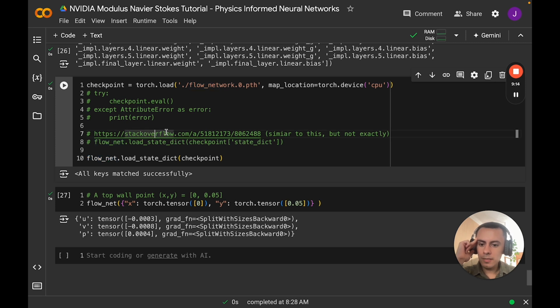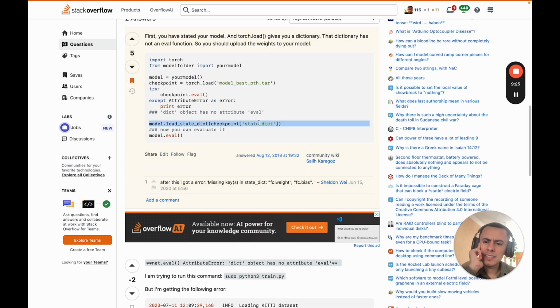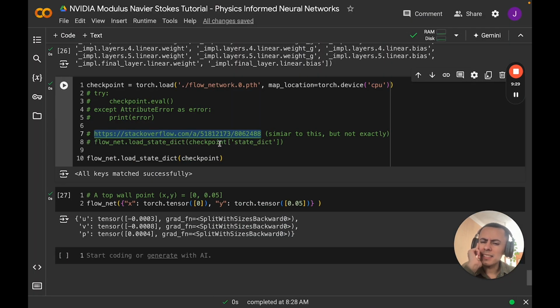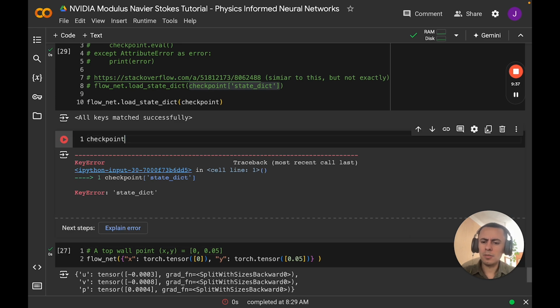I learned how to do this from this question on Stack Overflow. It's similar to this question. There was a state dictionary they talked about here, but I realized that I didn't have a state dictionary in my checkpoint weights, and I was like, hey, what's going on?